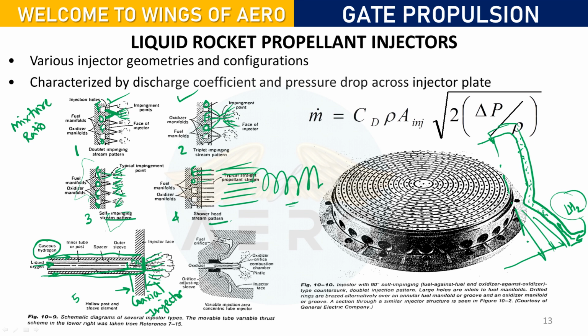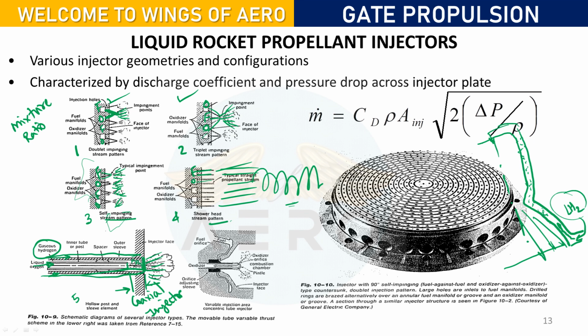Very initially, when the concept of injector came, we developed the double impinging stream. There will be alternating manifolds of fuel and oxidizer based on the mixing ratio. The whole injector is controlled based on the amount of mixing we need for that particular combustion chamber. The same goes for the triple.